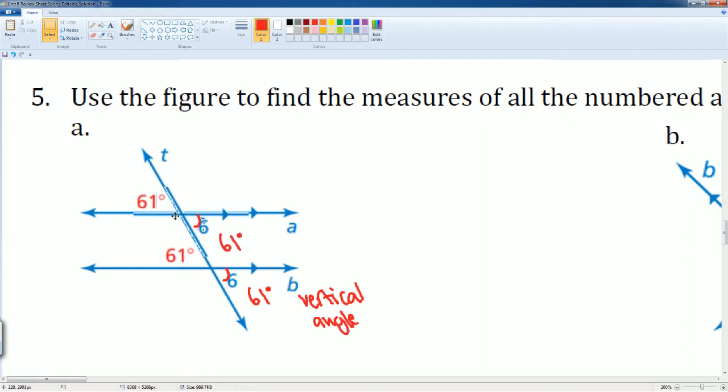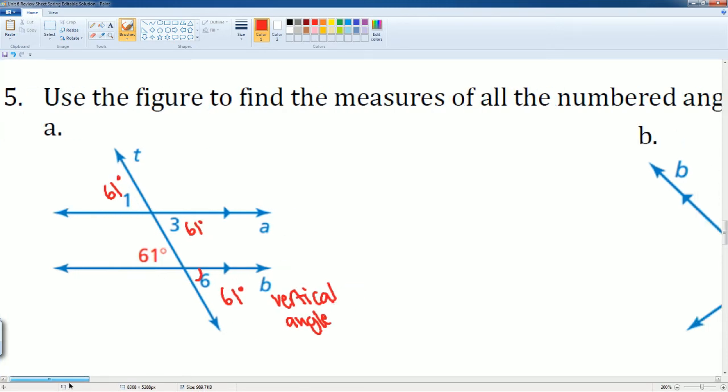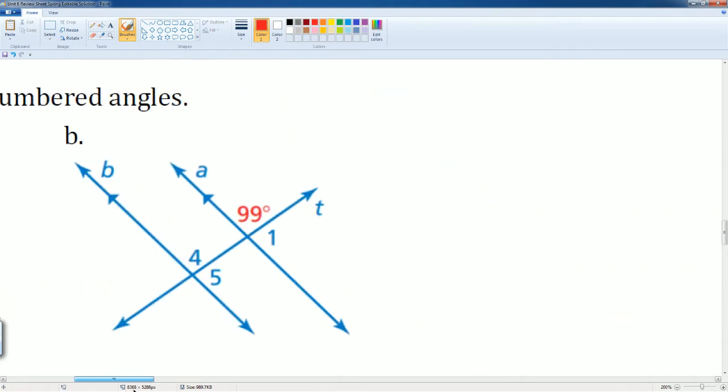The angle 1 is the same thing as that 61, and the angle 3 is also our 61. Notice how I just slide it up. So we can say that angle 1 is also equal to 61 degrees, and angle 3 is also equal to 61 degrees as well. All right? Good. Let's look at question B.